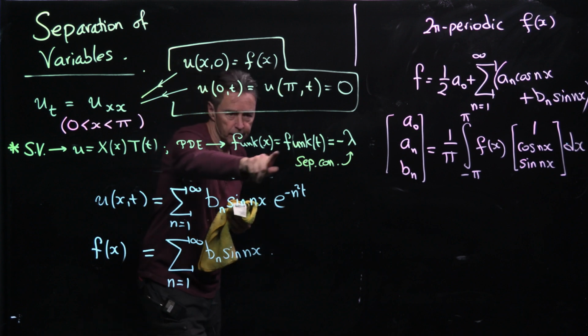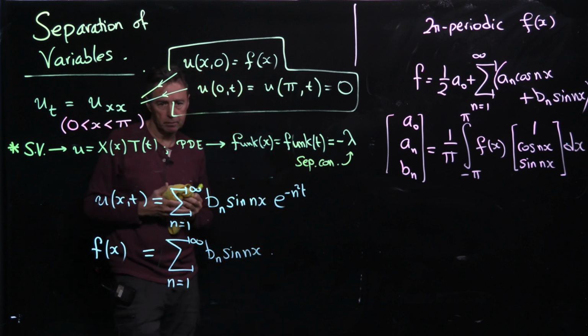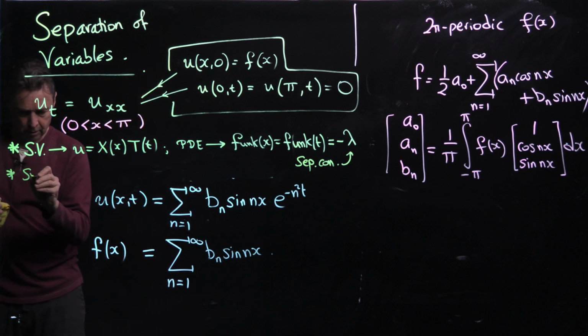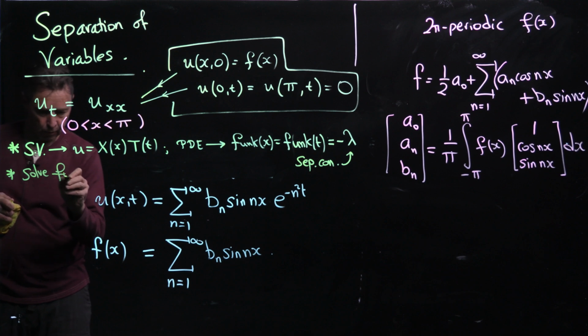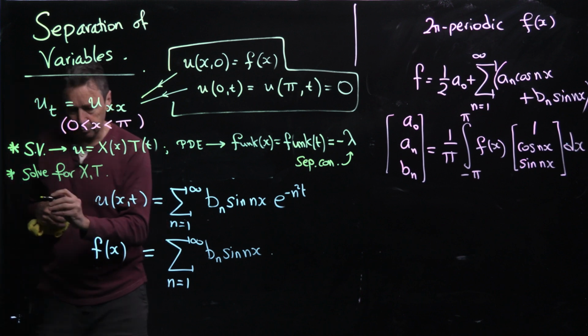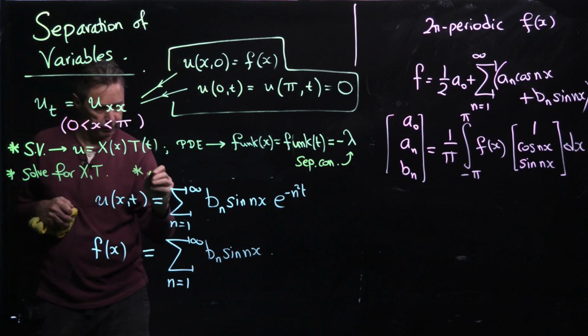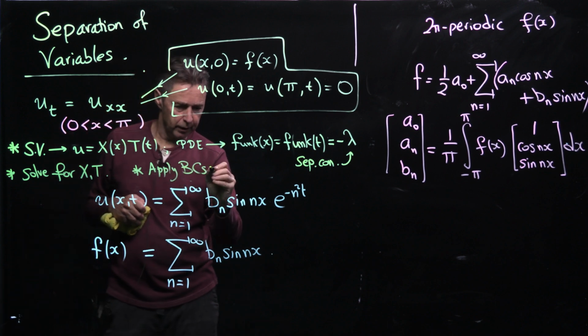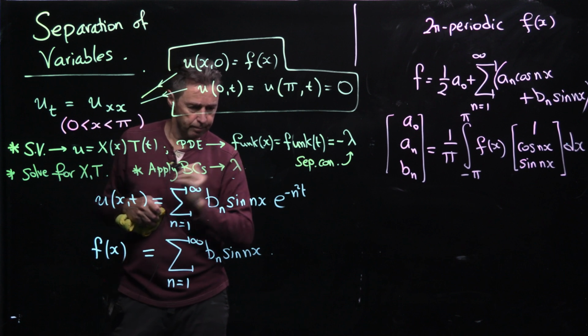Right, that means that I've got two ODEs to solve. I solve for x and t. I apply the BCs, the boundary conditions, and it tells me at that point what lambda is.